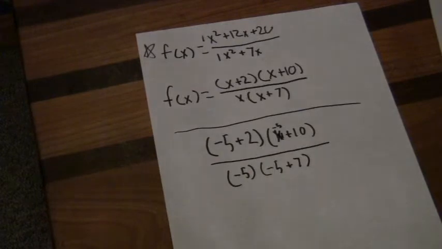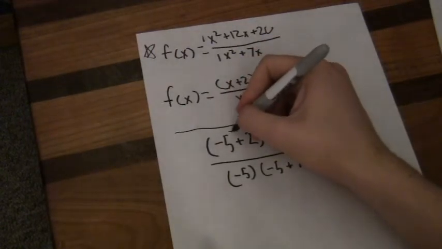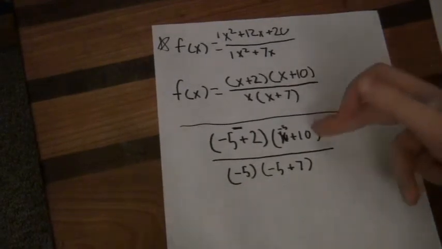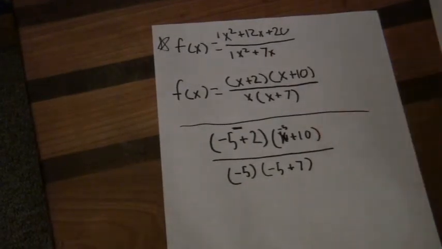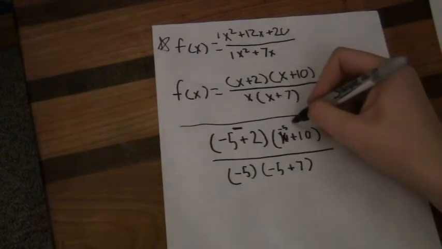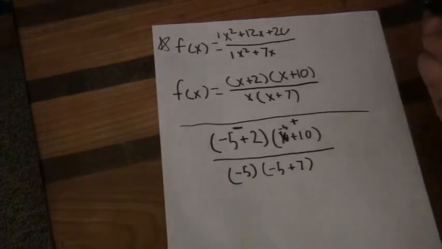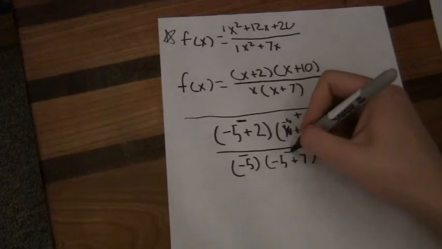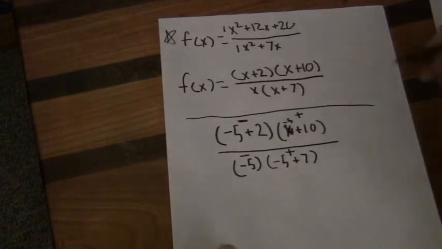Now, we got to look at what that's going to give us. The negative 5 plus 2 is going to give us negative 3, which is negative. We don't even have to remember what it gives us, just whether it's negative or positive. Now this one over here, we add that 10, it's going to give us a positive 5, which is positive. And over here, negative 5, negative. Negative 5 plus 7 gives us a positive 2, which is positive.